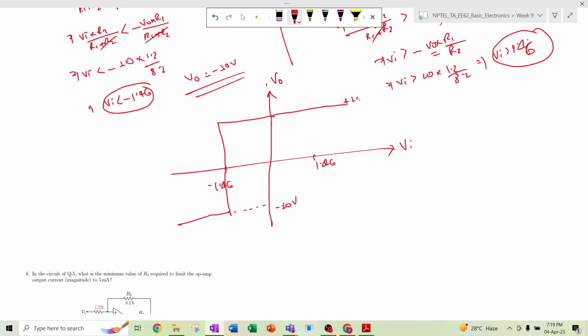So this is the curve. If Vi is less than this, then VO becomes minus 10 volt from plus 10 volt. Similarly, if Vi is greater than 1.46, earlier it was minus 10 volt, but now it will be plus 10 volt. So that will be like this.